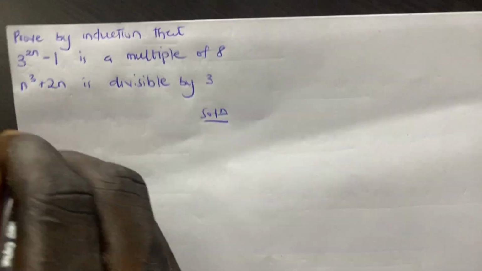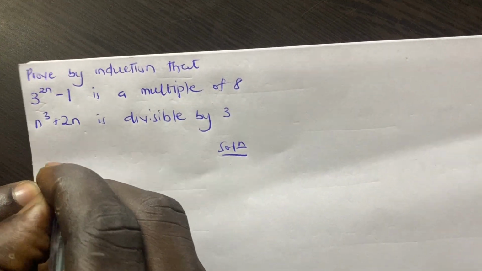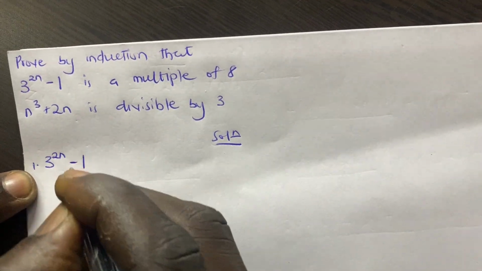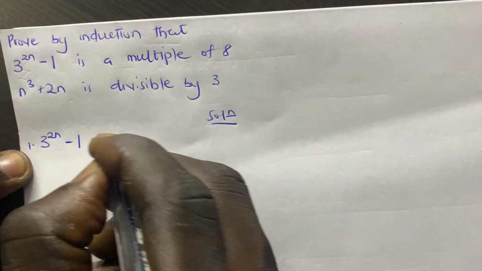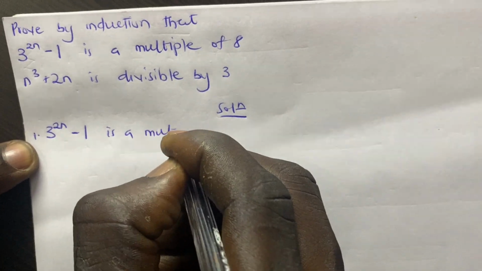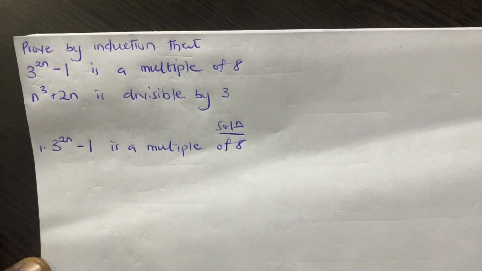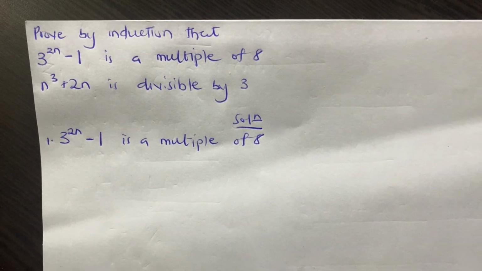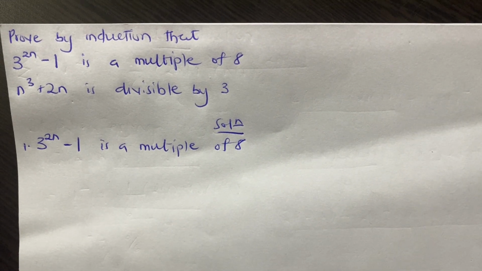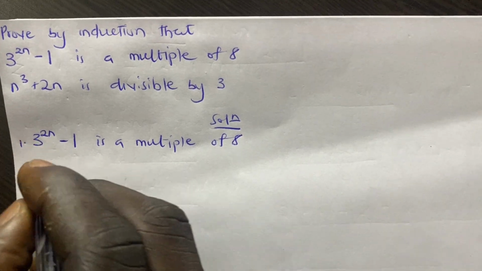Right, so for the first question, 3 raised to the power 2n all minus 1 being a multiple of 8. First of all, we are going to test it to see if indeed this is a multiple of 8. So we are going to test it with 1.